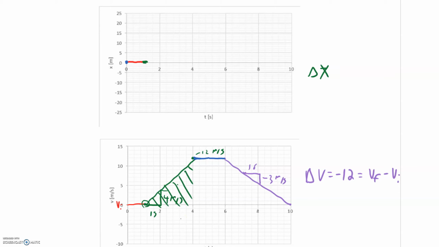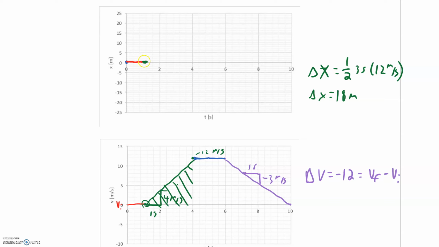The area of a triangle is 1/2 base times height. In this case, the base is my change in time, which is 3 seconds, times my height, which is 12 meters per second. That's going to be 18 meters. So my delta x is going to be 18 meters.